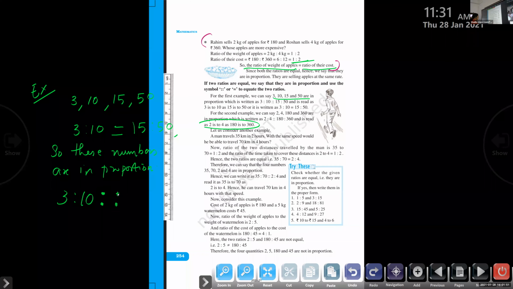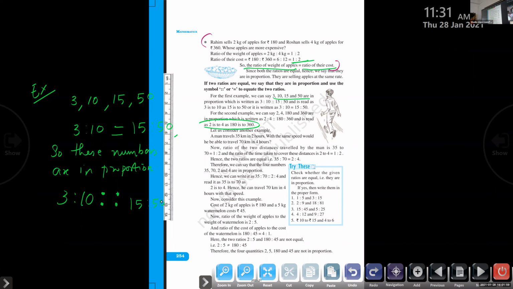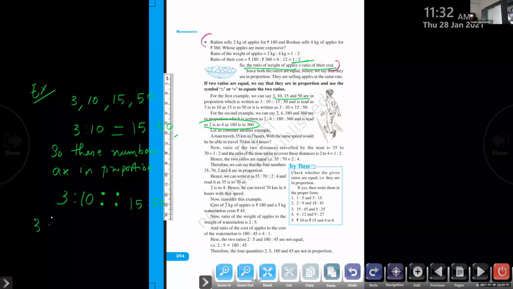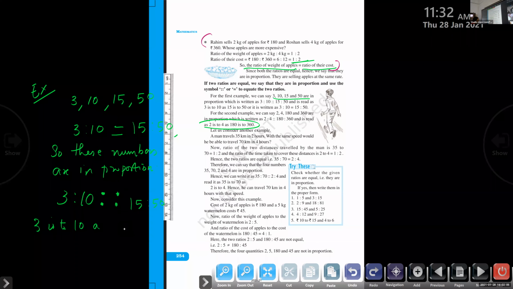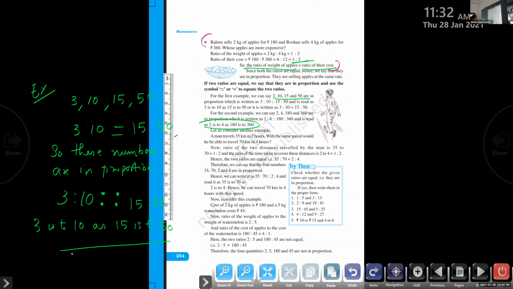These 4 dots are known as "as". Read it as 3 is to 10 as 15 is to 50.